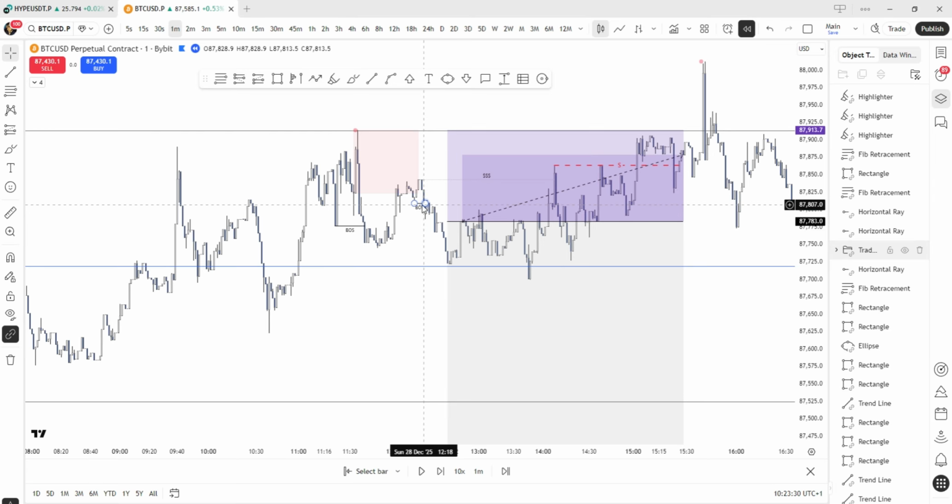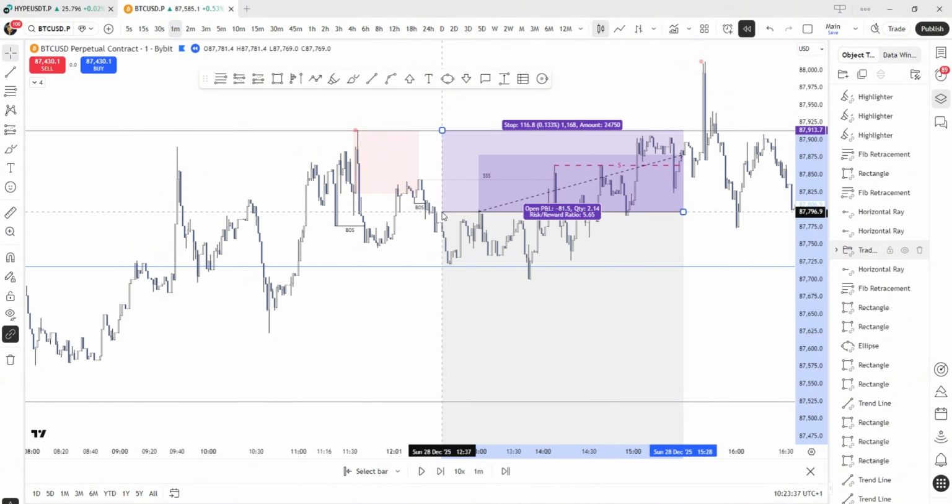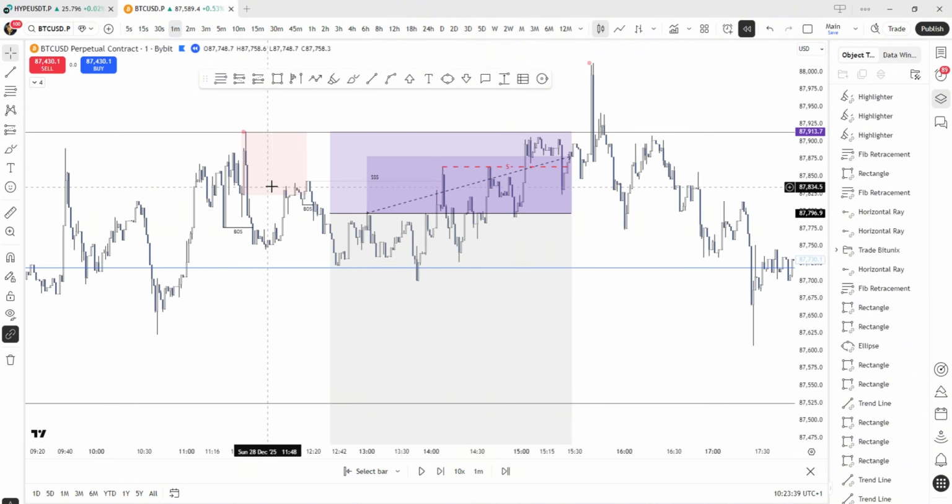I waited for the level 2 breakoff structure and entered here, right about here. And yeah, basically we had here a little supply block. We went into it, got the rejection, level 2 breakoff structure.